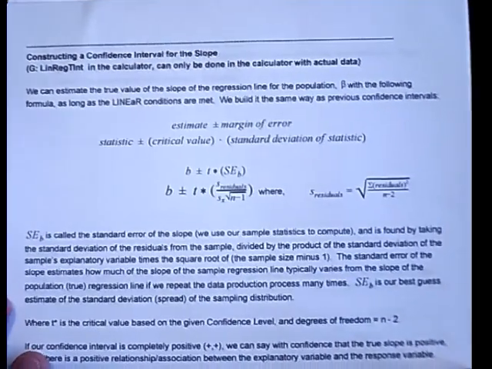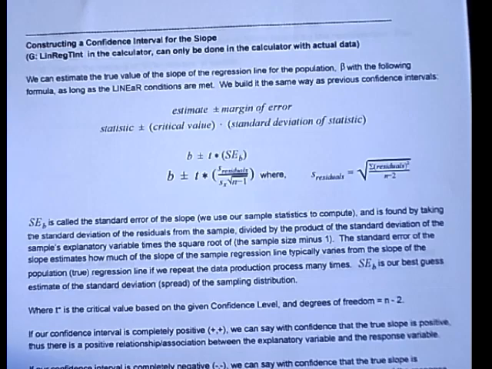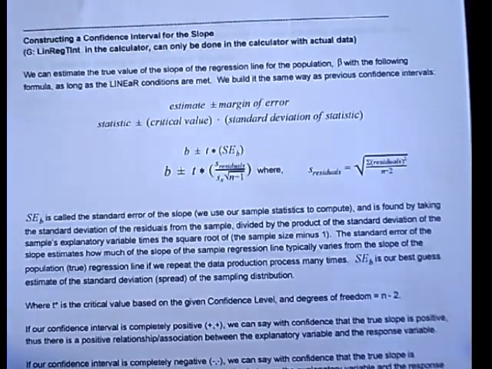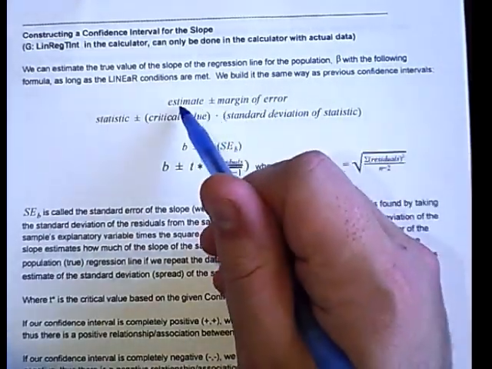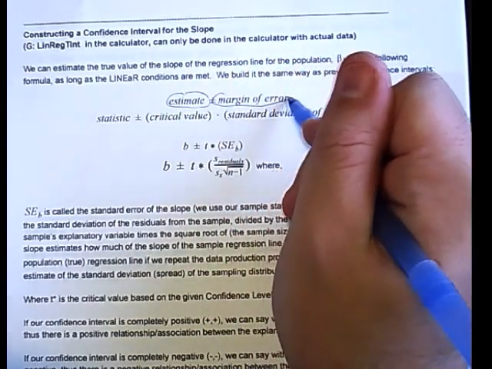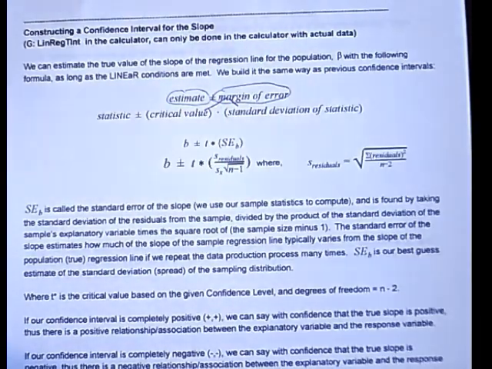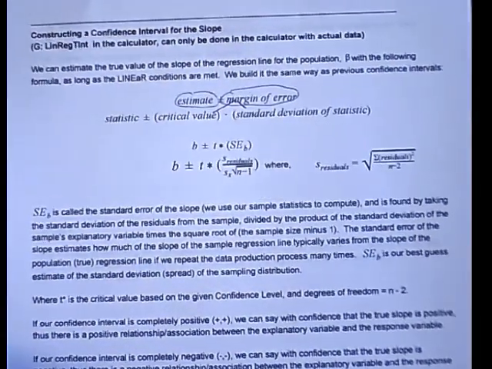You're probably tired of doing all these. We're going to follow the same process. So with any type of confidence interval, we get our estimate plus or minus our margin of error. And that margin of error, once again, is made up of 2 points. It's made up of the critical value and the standard deviation of the statistic, or the standard error.